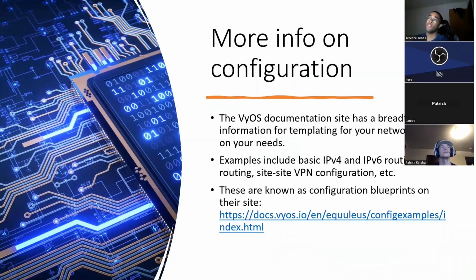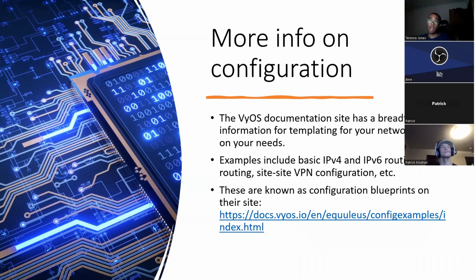And so then more info on the configuration and operational modes. VyOS has documentation with a plethora of information for templating for any of your network-based needs. They even give you a complete guide for how to implement a certain type of network topology you're trying to do, or even a specific service.